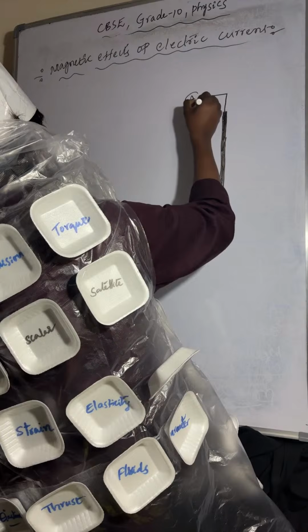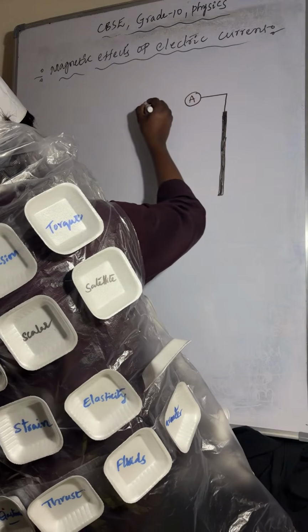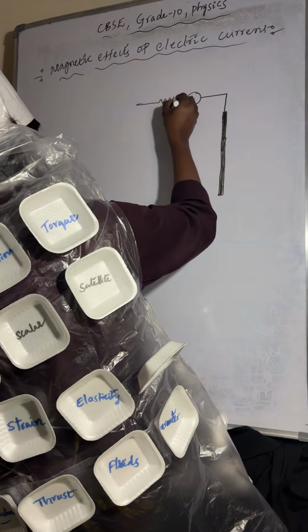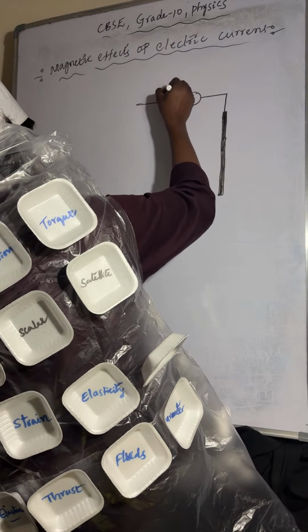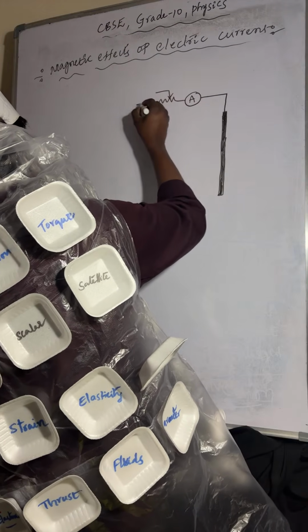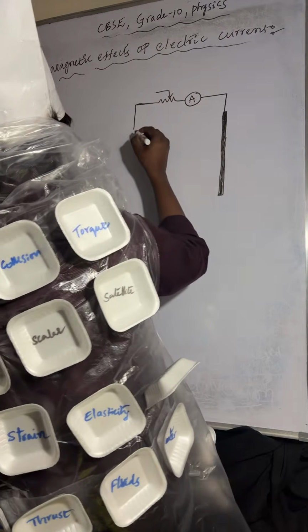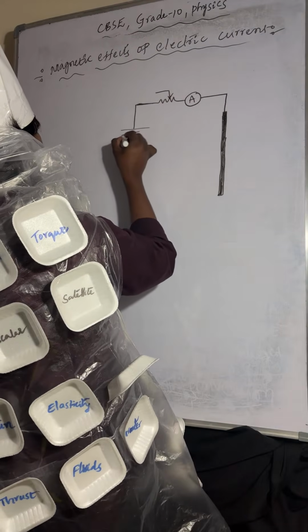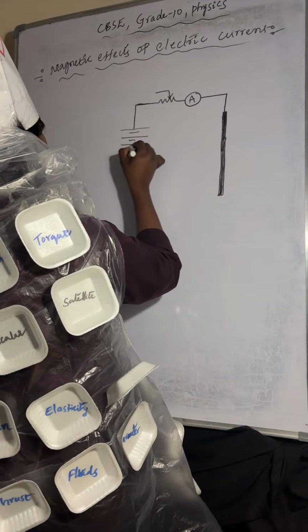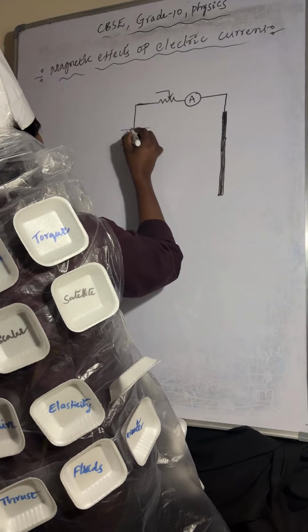Here is the ammeter and the rheostat. Now, this is the battery, and I am connecting it to the battery.